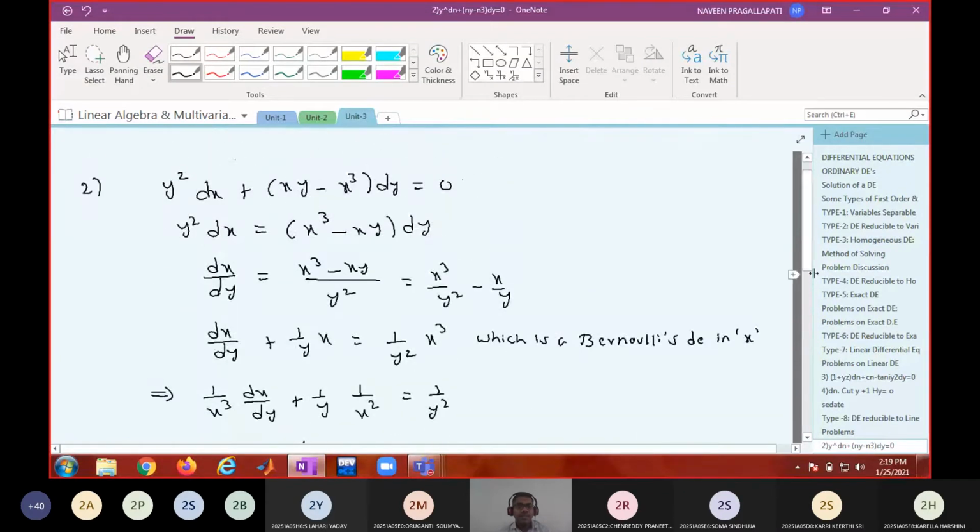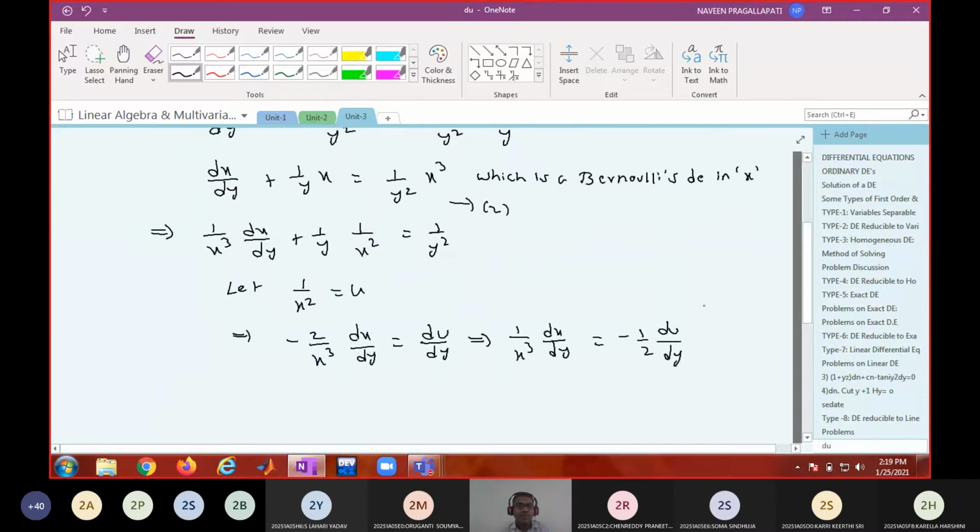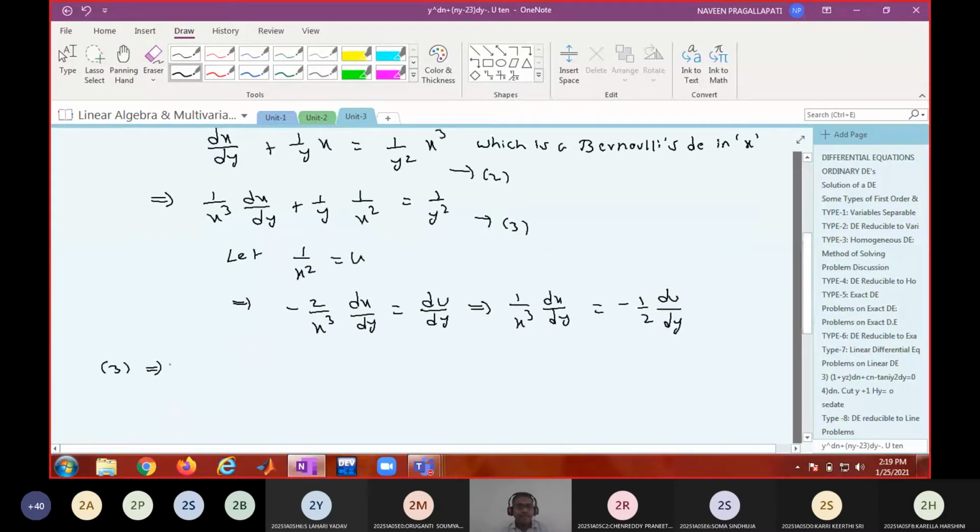So call this as equation 1, call this as equation 2, and call this as equation 3. Therefore 3 becomes minus 1 by 2 du by dy plus 1 by y into u equal to 1 by y square.